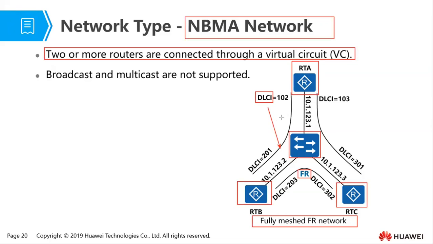You have a virtual circuit interconnecting RTB and RTA, another interconnecting RTA and RTC, and also you've interconnected RTB and RTC through this one. Now, it is important to note that neither broadcast packets nor multicast packets are supported in non-broadcast multi-access networks.